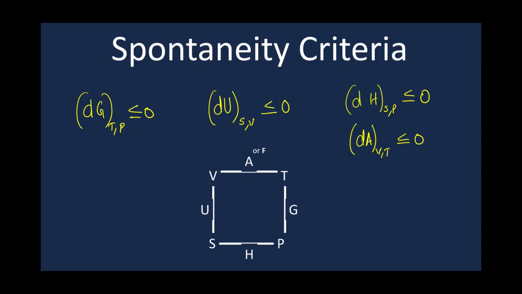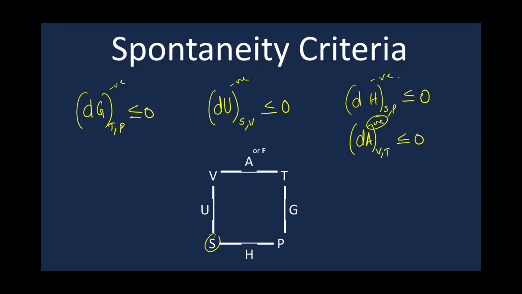And these are the 4 main ones. As you may know, these values should be negative for a reaction to be spontaneous. For entropy it should be positive.